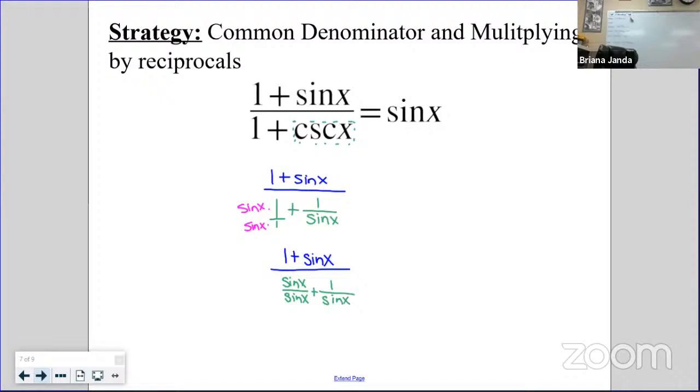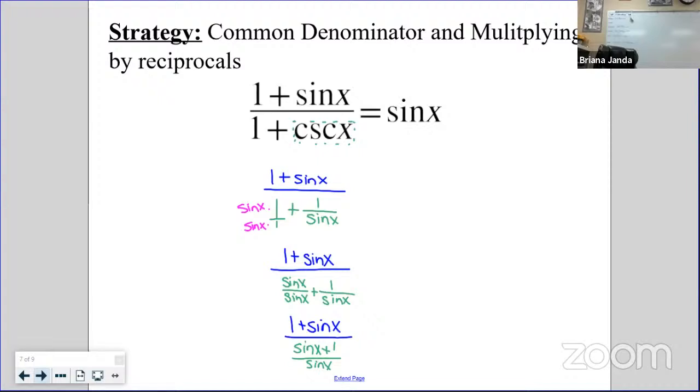Now I can put my denominator together to be sine of x plus 1 over that common denominator of sine of x.